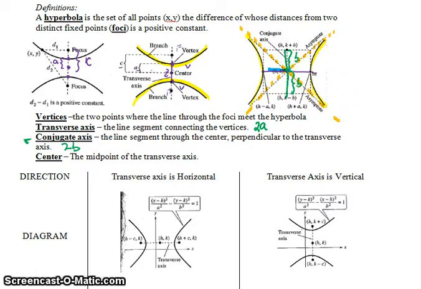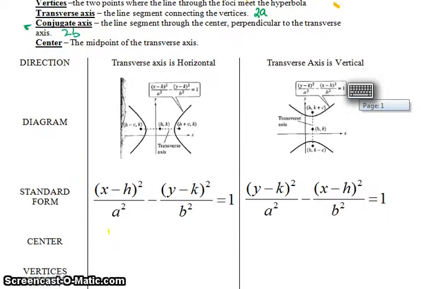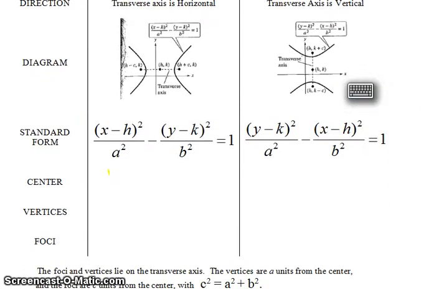Okay, so let's scroll down a little bit and talk about the 2 equations that we're going to have. We have the 2 cases where the transverse axis is horizontal versus vertical. Notice that this equation is very similar to that of the ellipse. However, the important thing with hyperbolas is that it's a minus symbol.